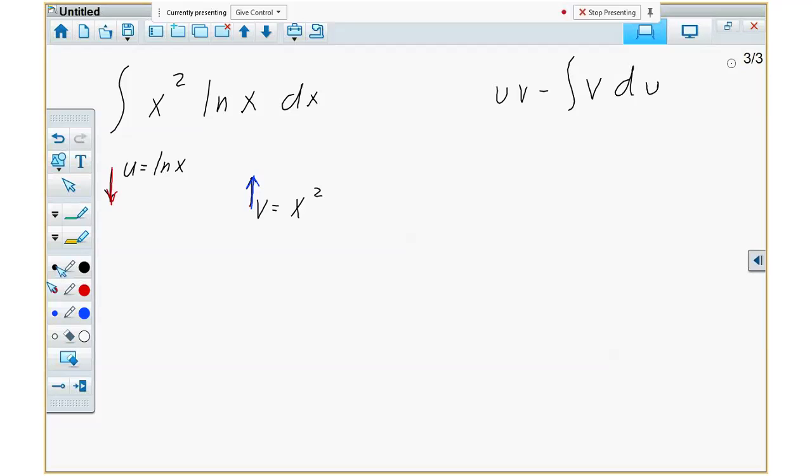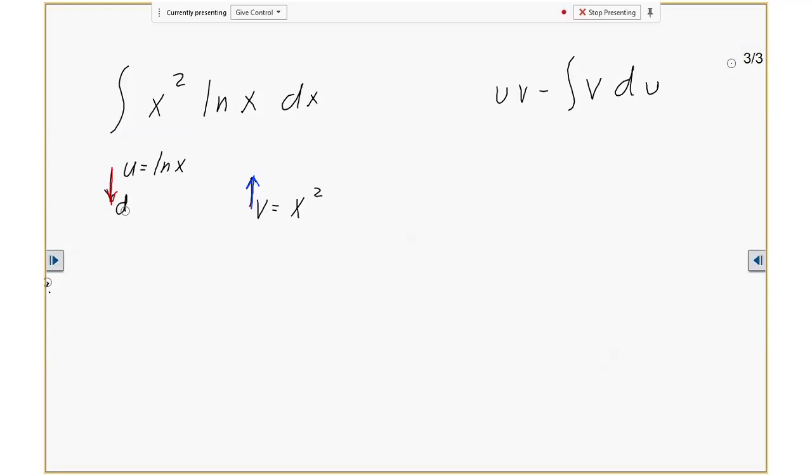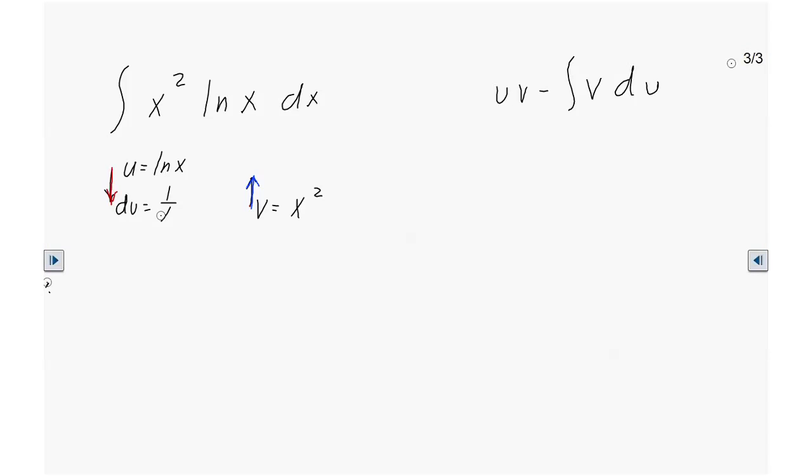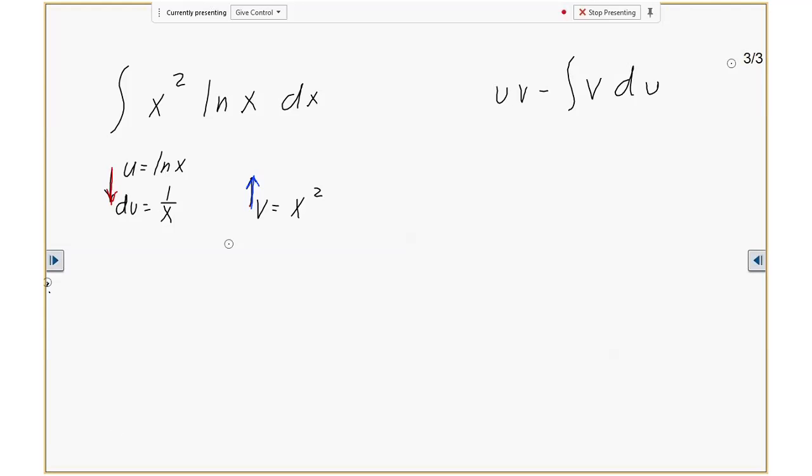Okay, I heard. Take the derivative. If you're giving u, you're going to take the derivative, which is called du. So what's the derivative? Now the blue is supposed to be the opposite of the red. So if I take the derivative of u, what am I going to take of v?